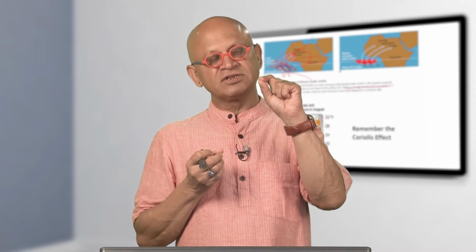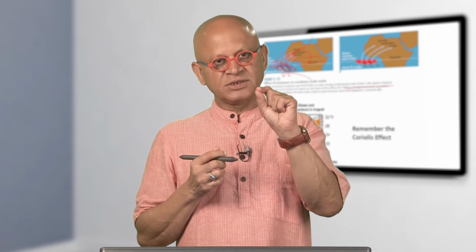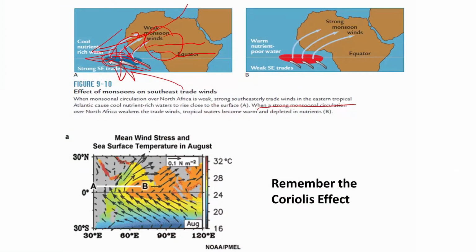Remember that biological production leads to sedimentation, and some of it, like calcium carbonate shells and silica shells, is preserved in the sediment. On the other hand, when you have a weak monsoon, then you have less of this Ekman divergence, and the upwelling is reduced. So, you have warmer sea surface temperatures, reduced upwelling, reduced biological production. So, the change will appear in the sediments.